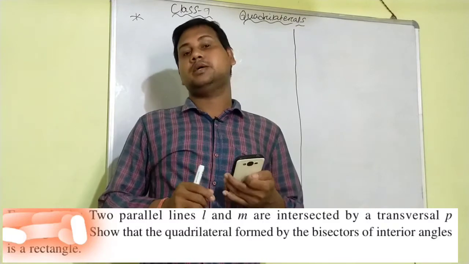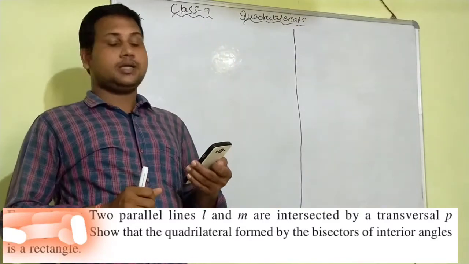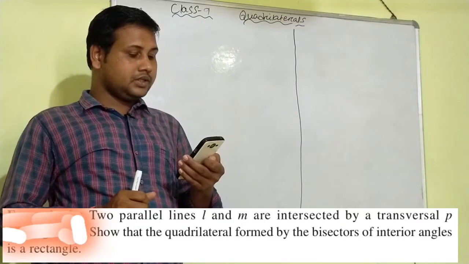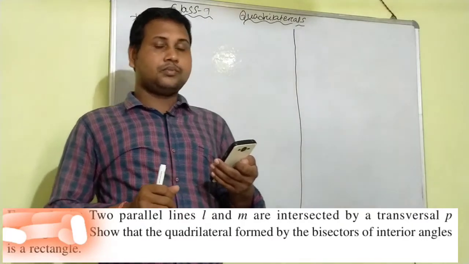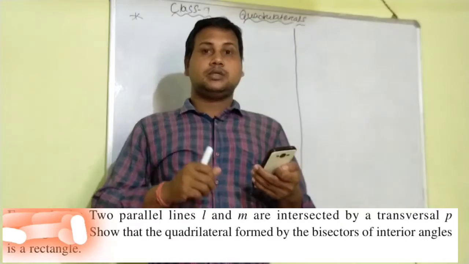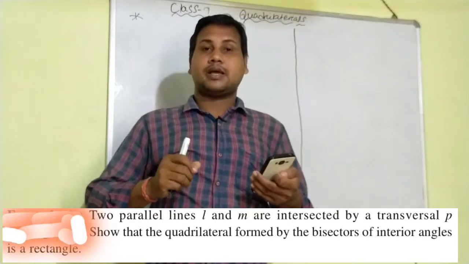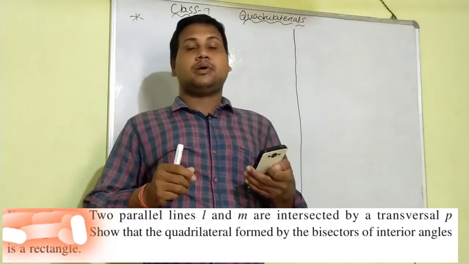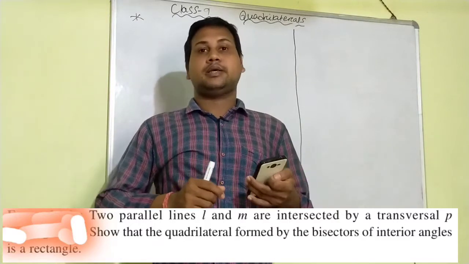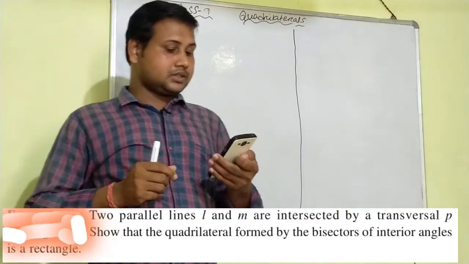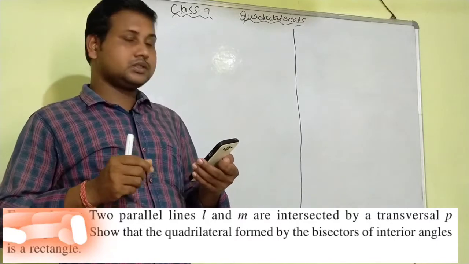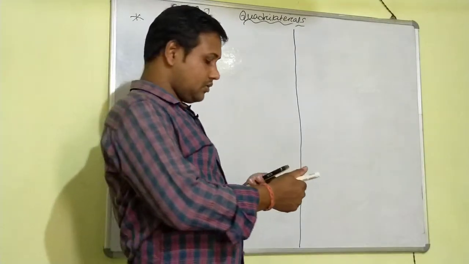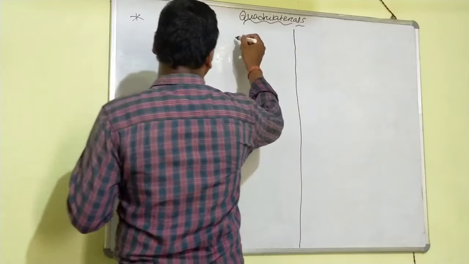Two lines are parallel L and M, and the transversal P intersects at 2 points, and the interior angles formed are bisected and they form a figure. We have to prove that this is a rectangle.